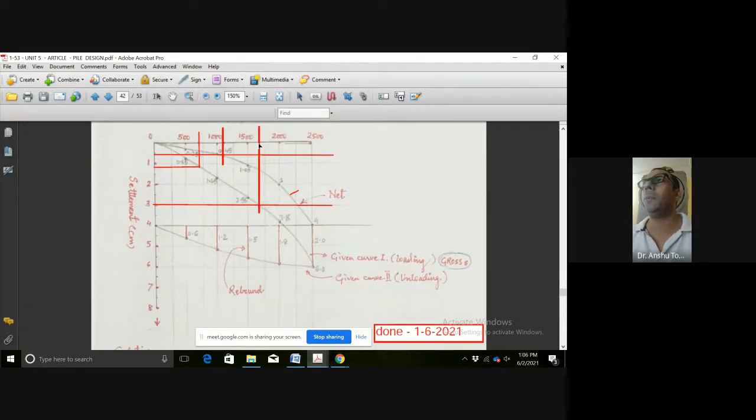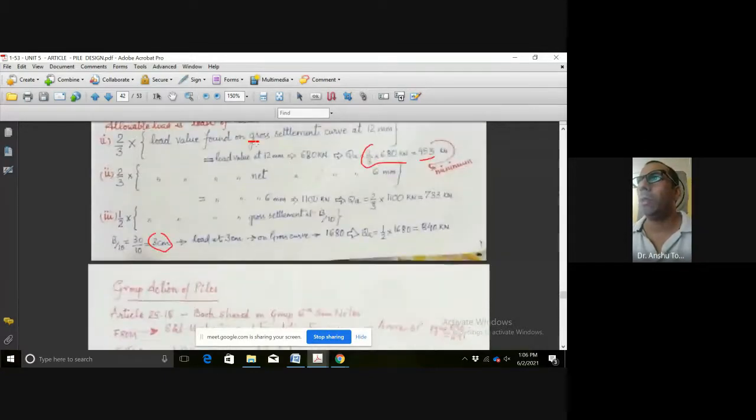This point is close to a little more than half of half, that is between 1500 to 2000 kilonewton. 1750 is this point. Half of it is going to become 1625 kilonewton. So a little above 1625 kilonewton is going to give me the value exactly, which is going to be 1680 kilonewton. This is the value I'm getting on the graph, which is 1680 kilonewton.